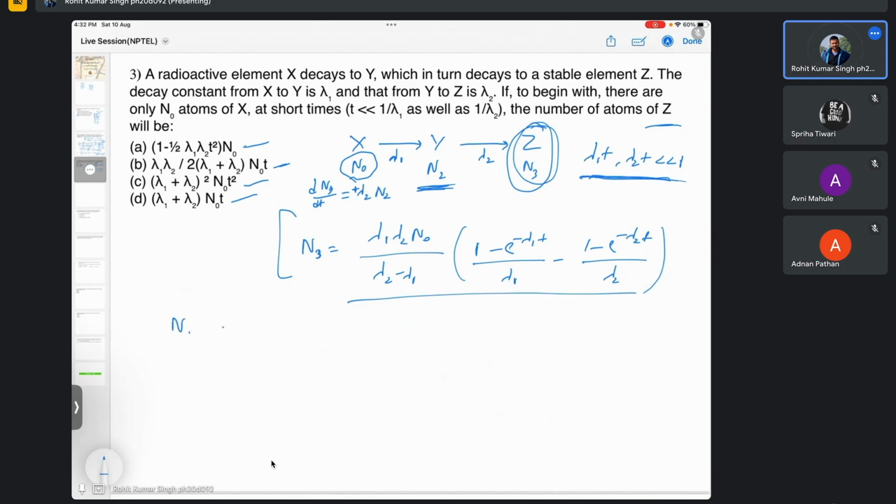So, n3 is equal to, first, let's get these things out.